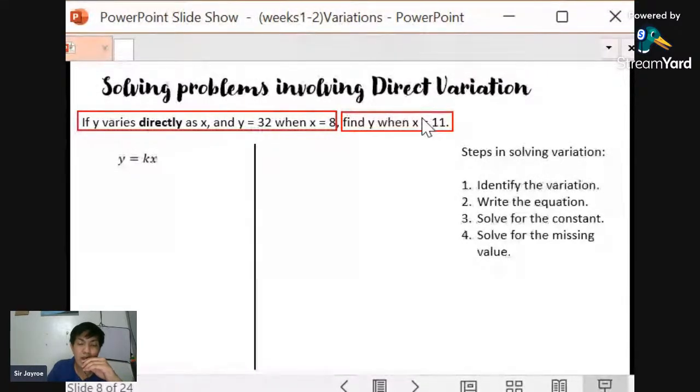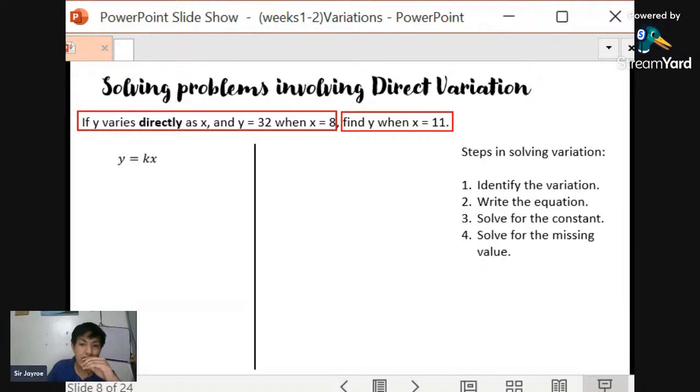So y is equal to kx. Of course, we will replace the values. What is the value of y here? Obviously it's 32. Now, my question is what is the value of x for the first solving? Because we have two x's: one is 8, the other is 11. So what is the value of x that we're going to use here?